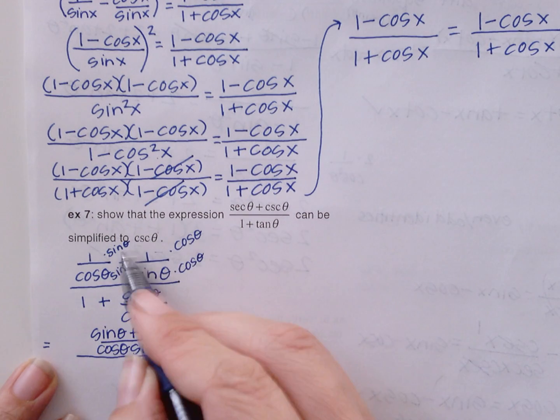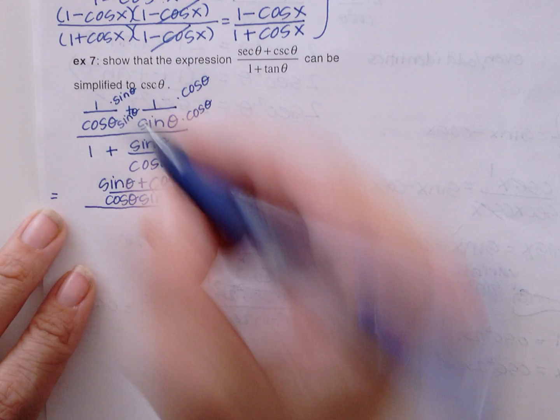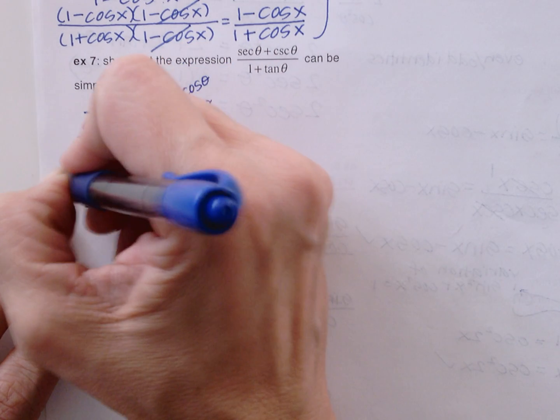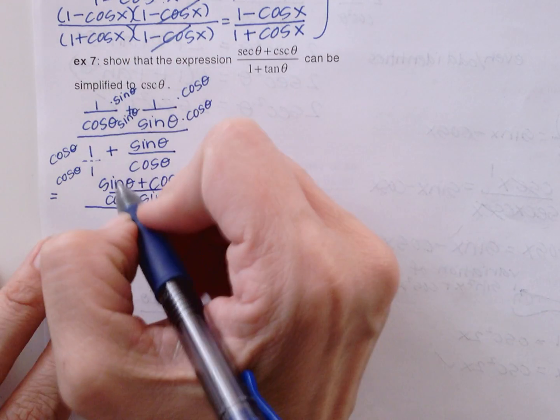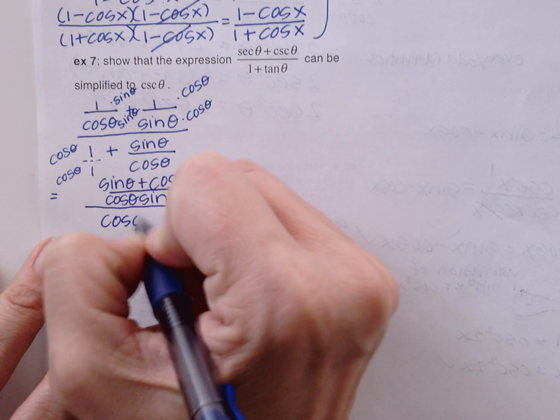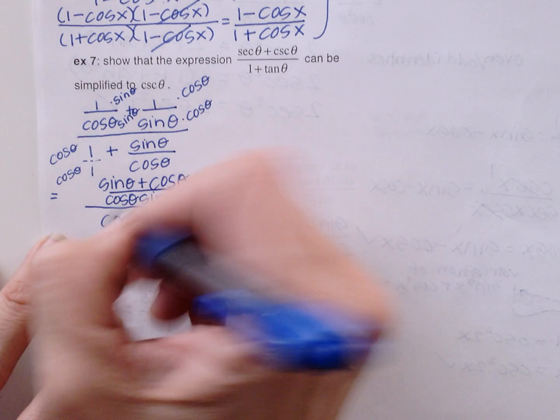So that's coming from right up here. Moving on, now I need to get common denominators in the denominator. So I'll write this over 1 cosine theta, cosine theta. So in the denominator, I get cosine theta plus sine theta all over cosine theta.